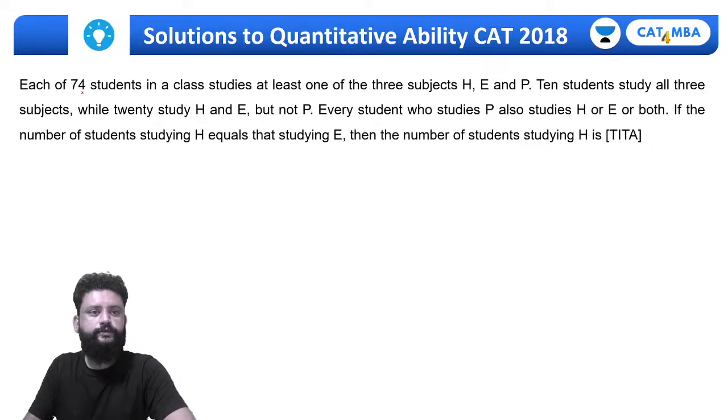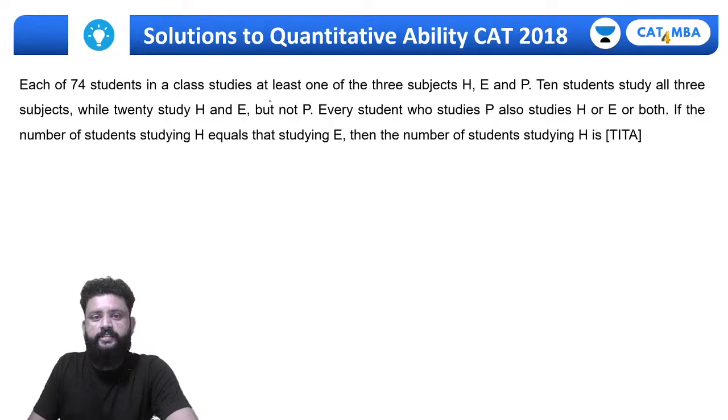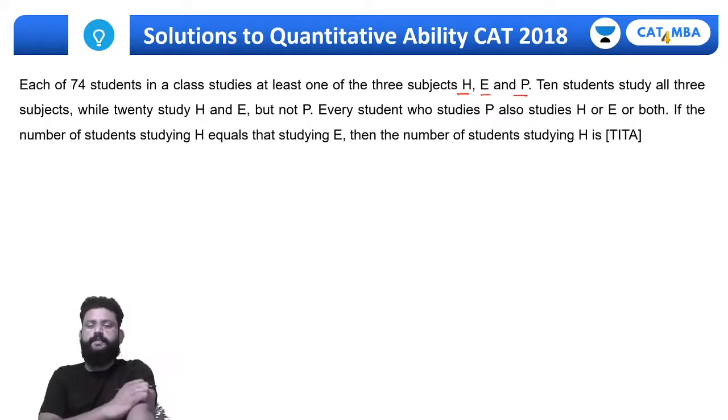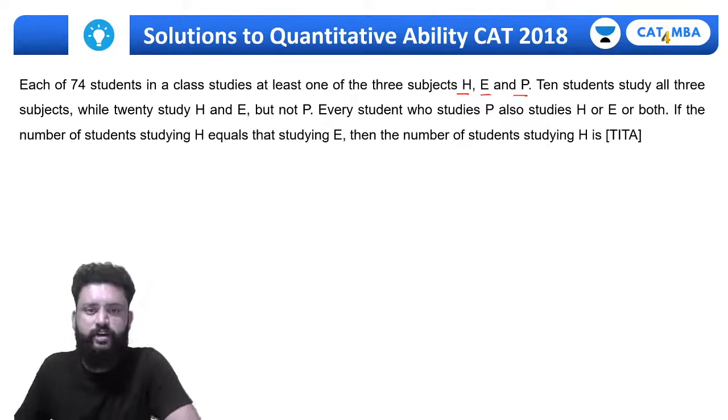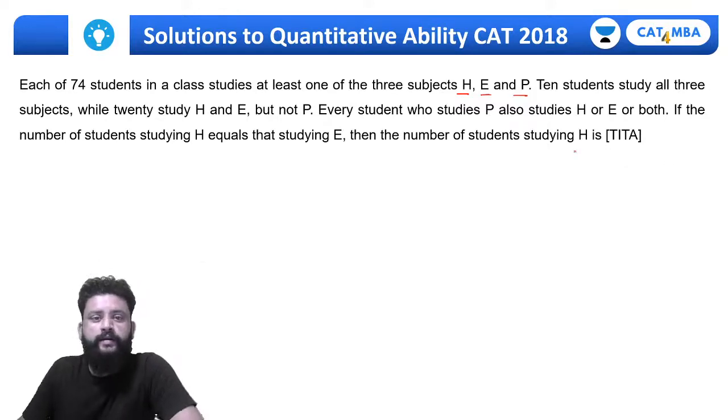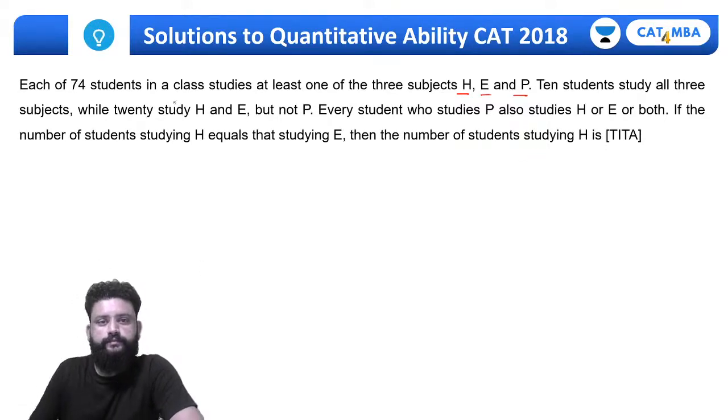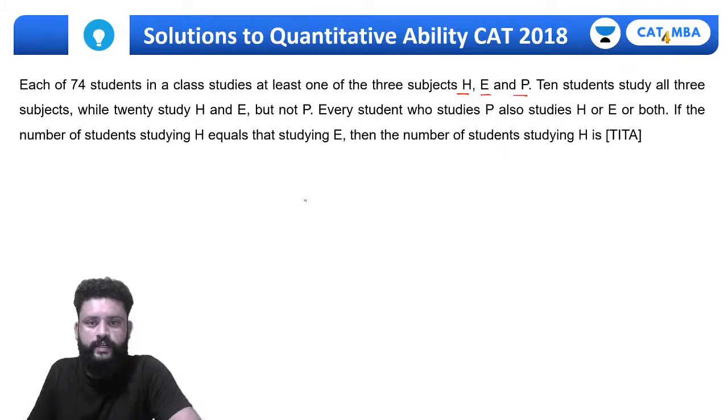The question one more time. So each of 74 students in a class studies at least one of the 3 subjects: H, E and P. This is the basic simple concept of set theory, a concept based question. Total 74 students.